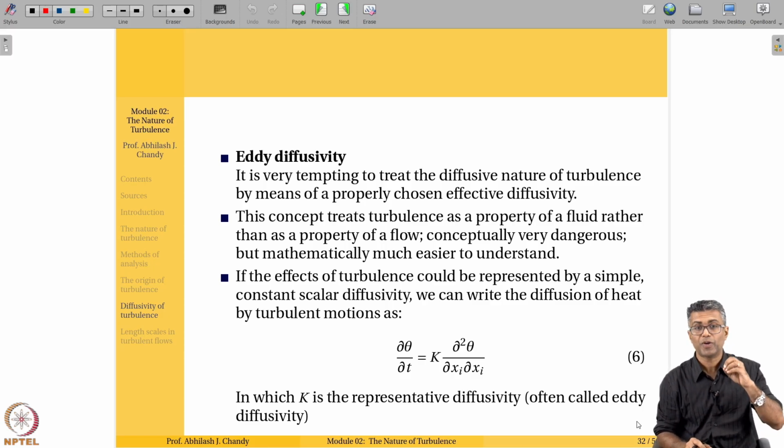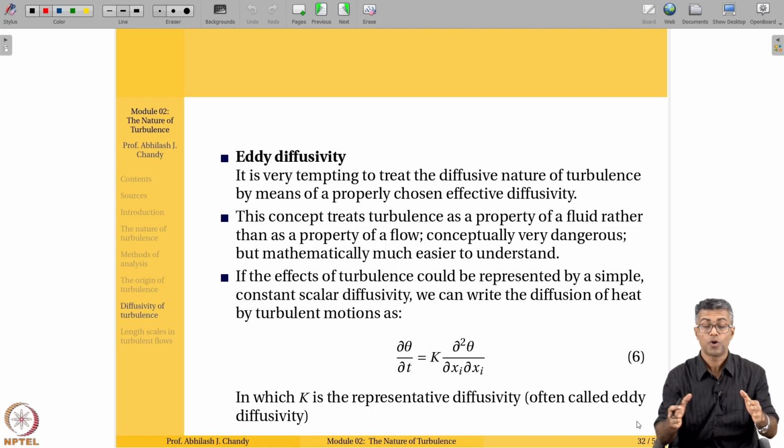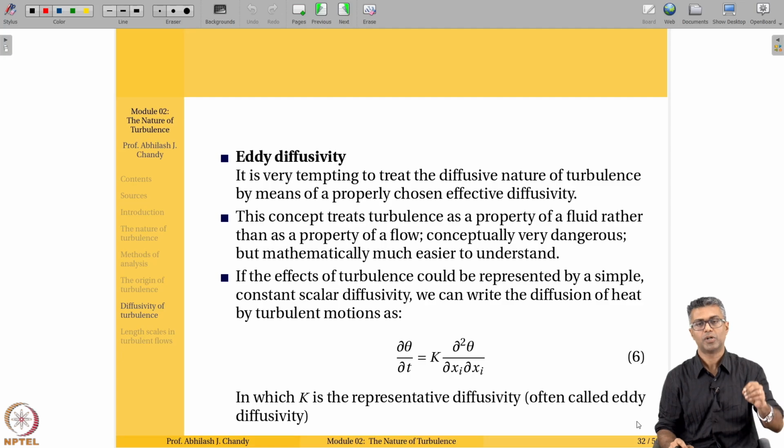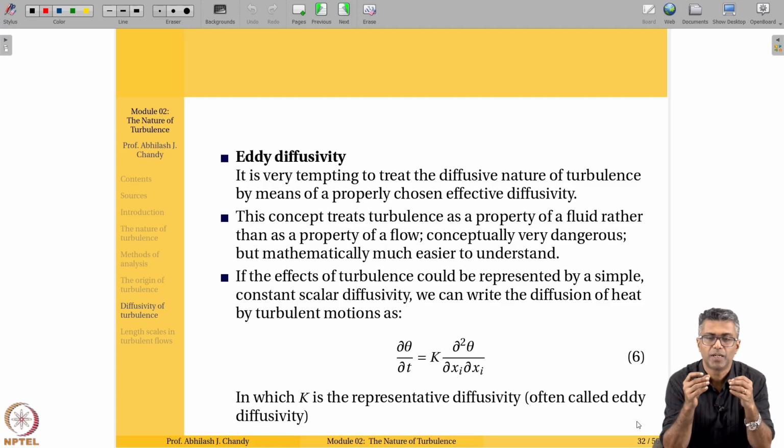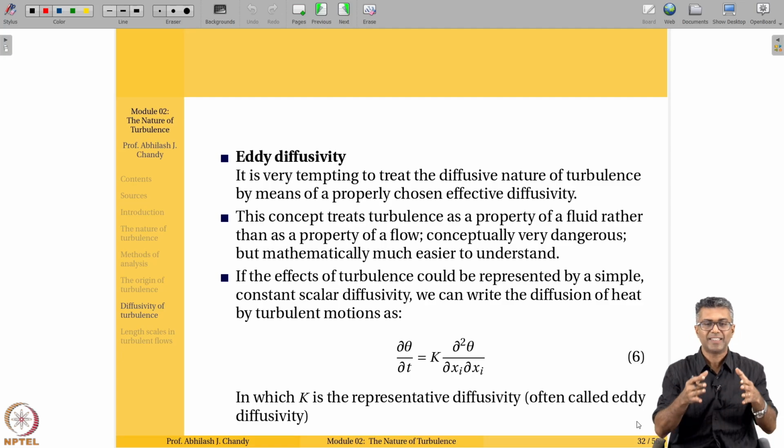Now, when we considered the room case without airflow, so only molecular diffusion, we could represent the entire heat transport through one single equation, the heat transport equation: del theta del t is gamma del squared theta del xi del xi. So one would be very tempted to treat the diffusive nature of turbulence also through such an equation.